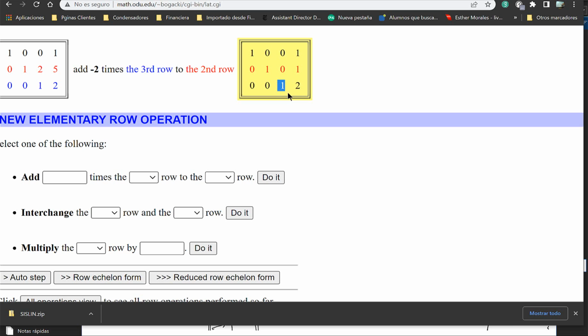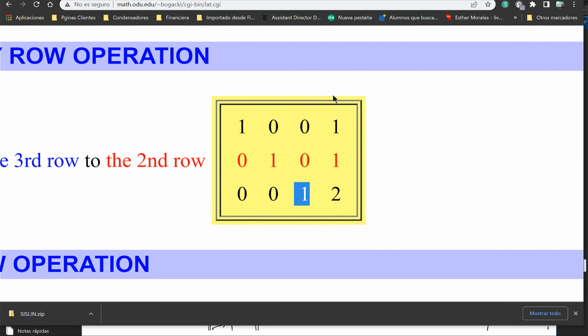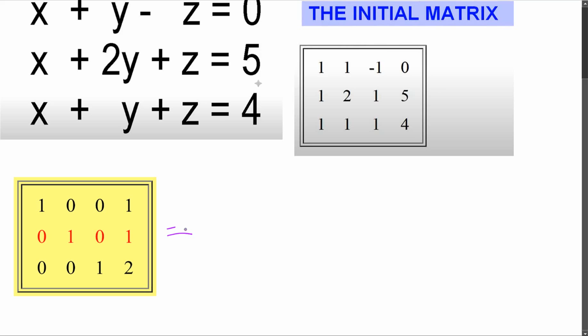And then the original system that you are solving is equivalent to x plus 0y plus 0z equals 1, 0x plus y plus 0z equals 1, 0x plus 0y plus z equals 2.